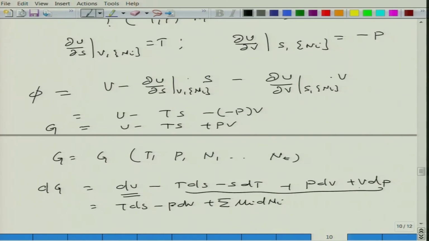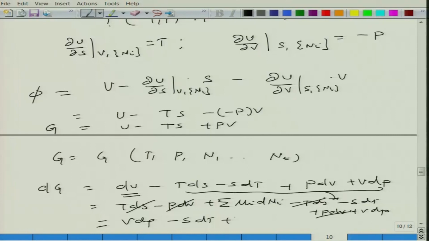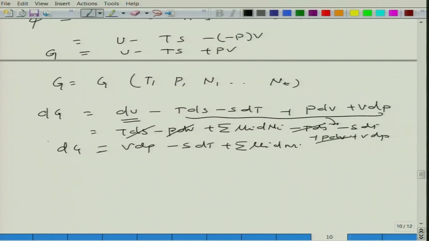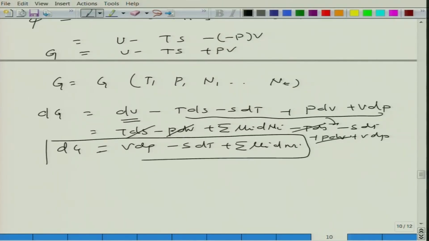Now, you have this which comes here minus T dS minus S dT plus P dV plus V dP. So, this cancels, and this also gets cancelled. So, what you have is V dP minus S dT plus summation mu_i dn_i. This is our expression for dG, and the independent variables are P, T and n_i.